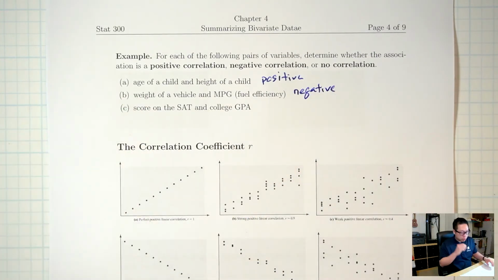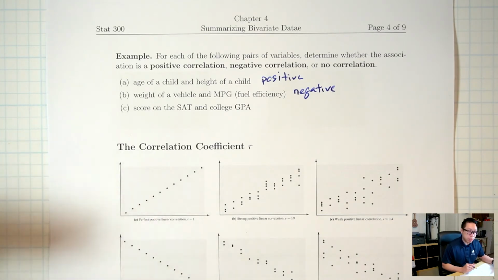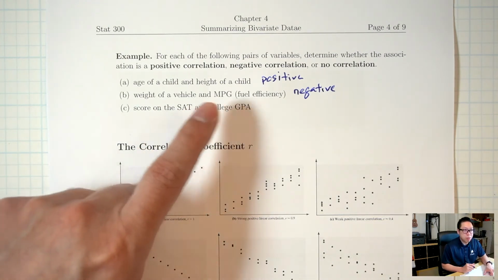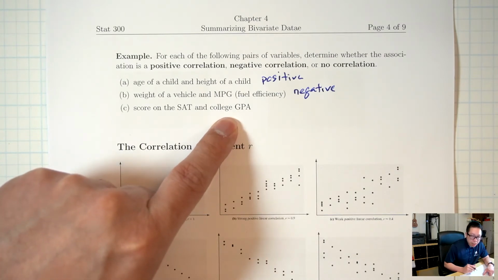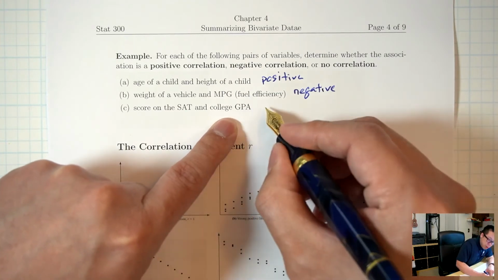Part C, score on the SAT and college GPA. So if a student scores higher on the SAT, do we expect that student to have a higher or a lower college GPA? Probably higher. So this is probably positive.